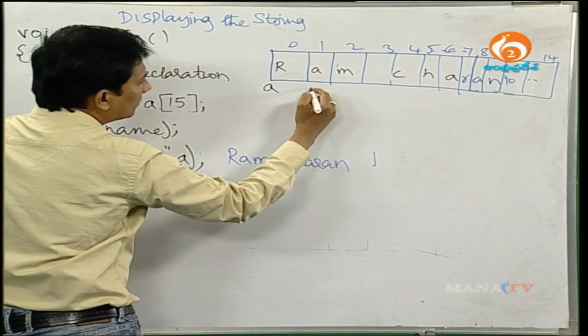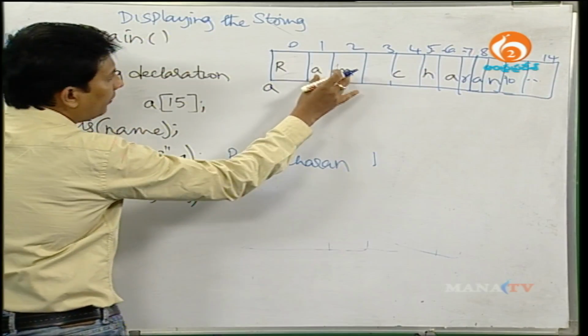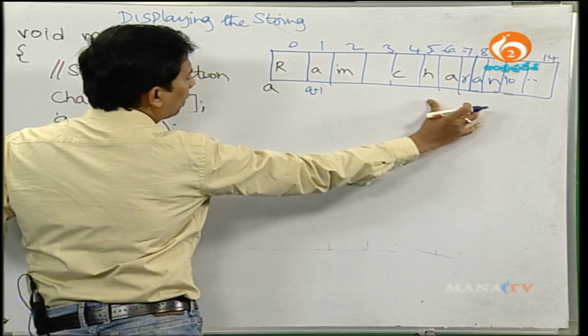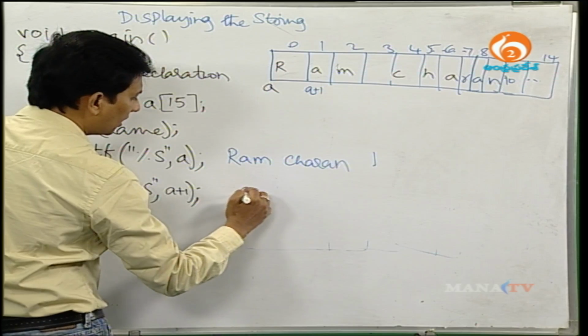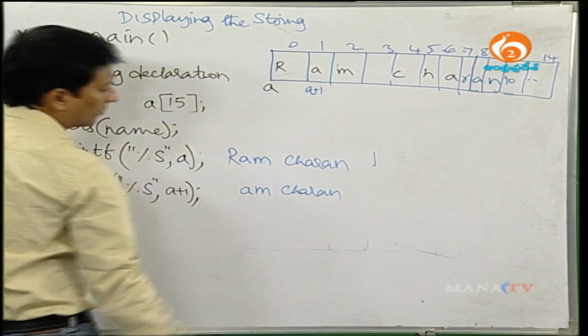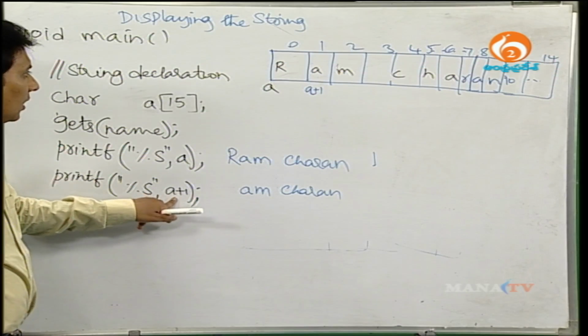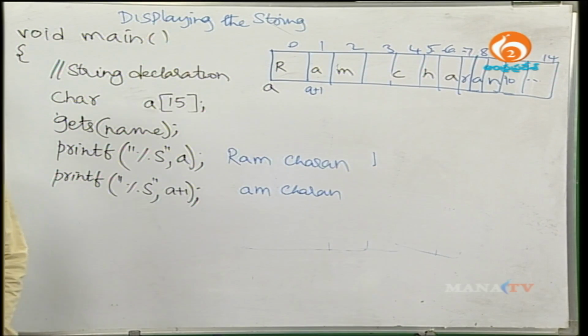Here the next address is a plus 1. From here onwards only it will be processed, that is we will get space Charan. So, every character from the address till \0 is displayed.